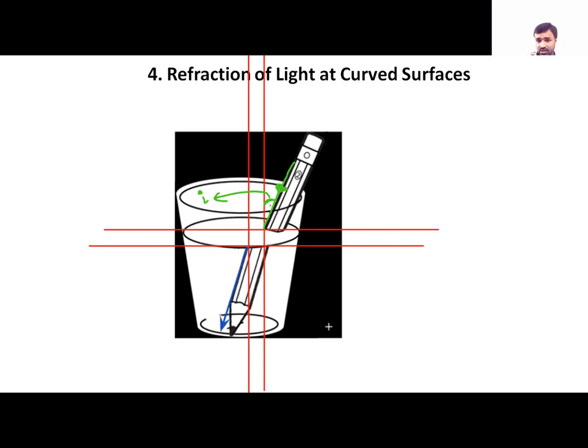The refracted light ray makes an angle with the normal, this one. This angle is taken as the angle of refraction, r.